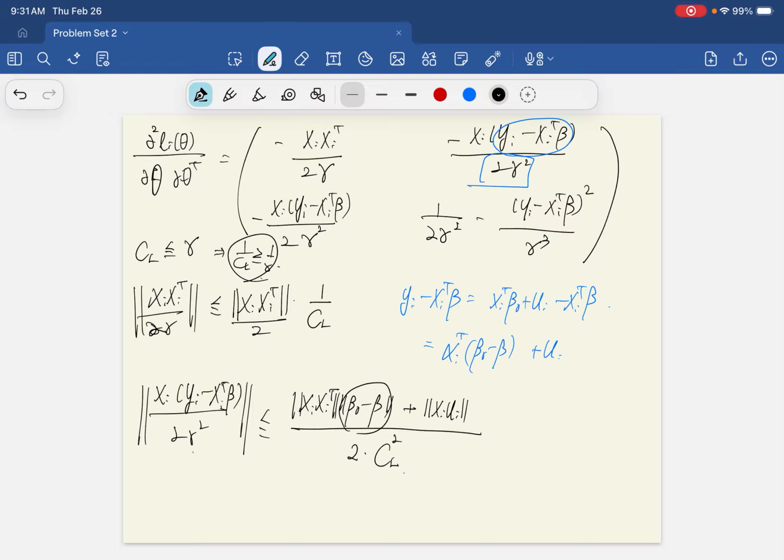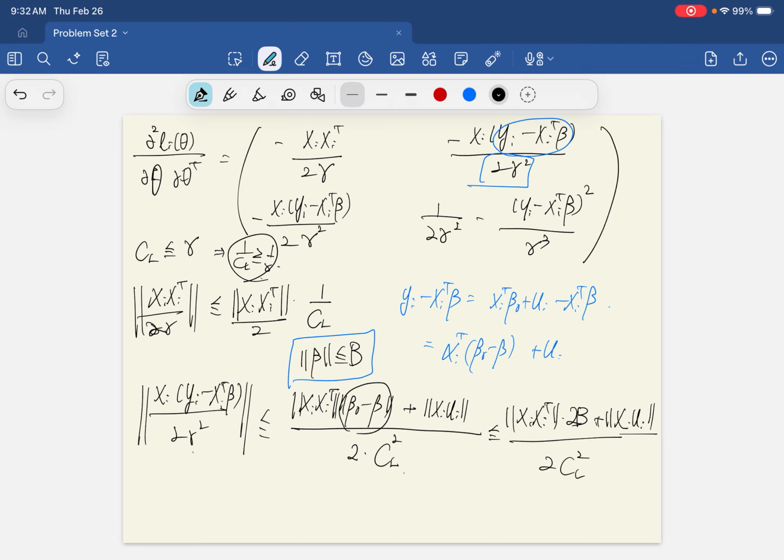And beta 0 minus beta cannot be greater than 2 times b, right? Because we learned the norm of beta is less than b. So that means the maximum possible distance between two betas is 2b, like plus b minus b can become 2b in distance, right? So that's how we do it, over 2 CL squared.